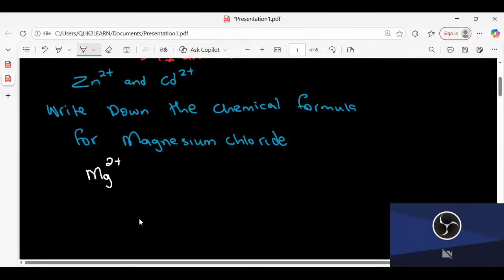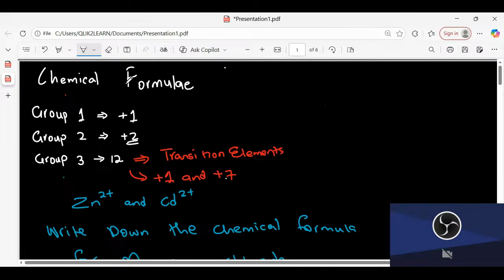And then they said magnesium chloride. If we go back here, I just want to add something. Remember, we did group 3 to group 12. Let's add group 13. Guys, you'll have to give me a second.